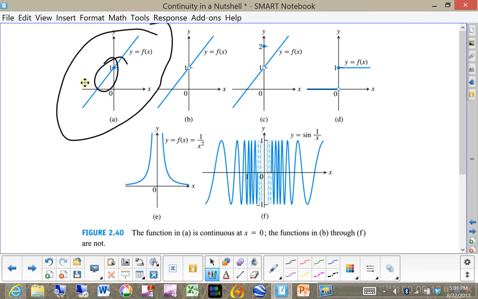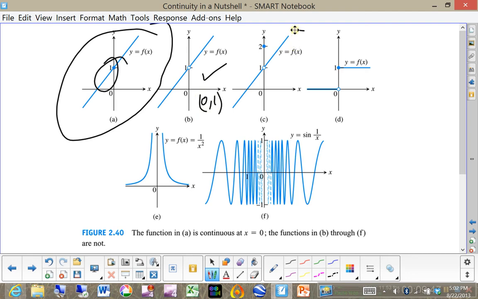But each of the next functions from b through f are all discontinuous at x equals 0. The b example is discontinuous just because you put a hole there and said that the point 0 and 1 is not on the graph.